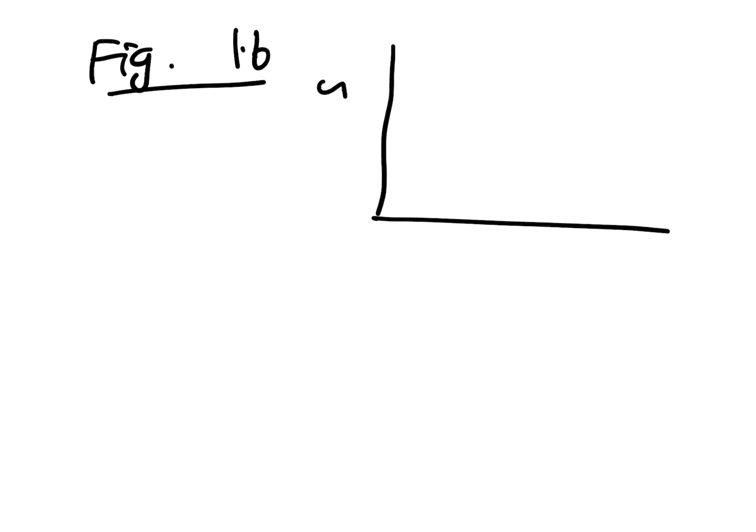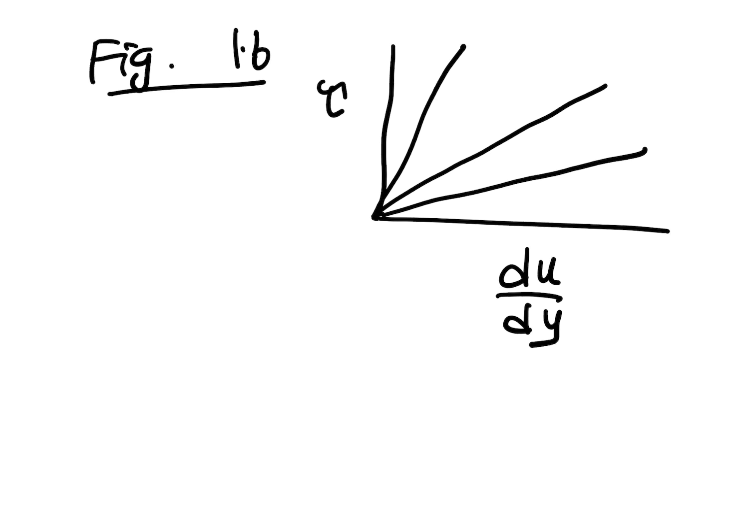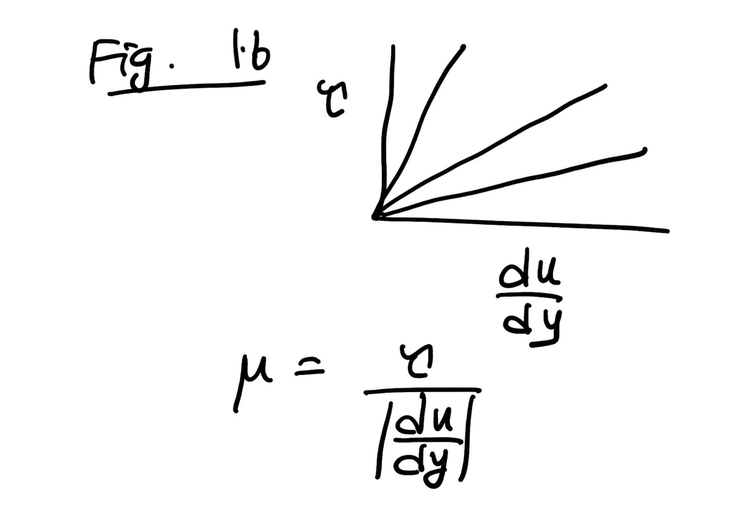Okay, and what you should take note of is figure 1.6, which shows the shear stress as a function of the strain rate du by dy, and that different fluids have different slopes. The slopes represent viscosity. You remember mu is tau divided by du by dy. The slope of this curve represents viscosity.